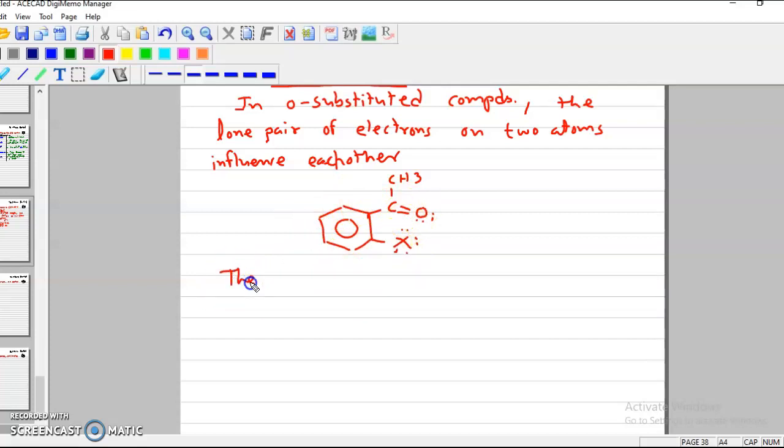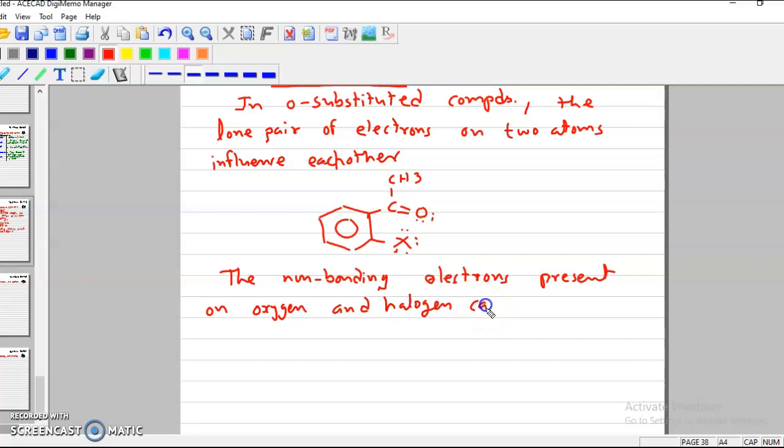Okay, so the non-bonding electrons present on oxygen and halogen cause electrostatic repulsions.